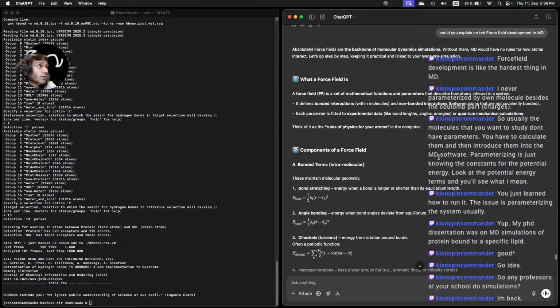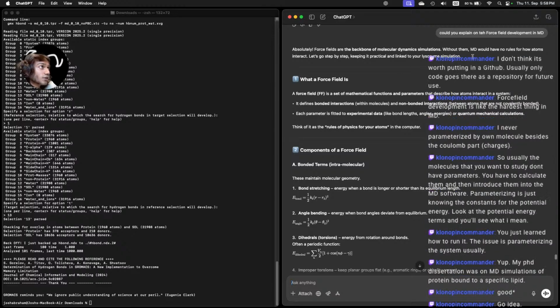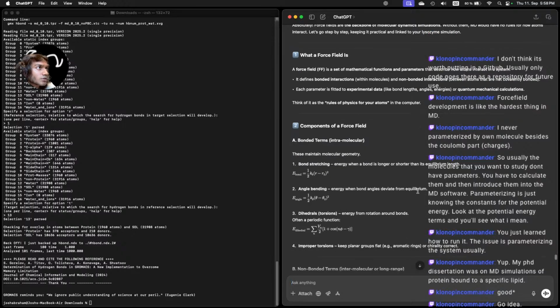Force fields are the backbone of molecular dynamics simulations. Without them, molecular dynamics would have no rules. A force field is a set of mathematical functions and parameters that describe how atoms interact. Think of it as the rules of physics for your atoms.